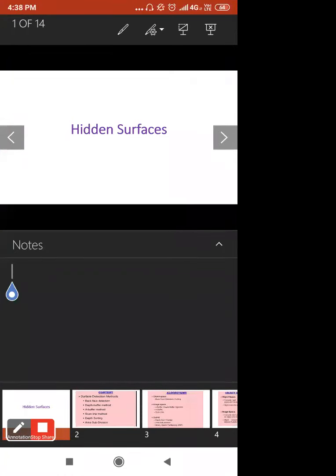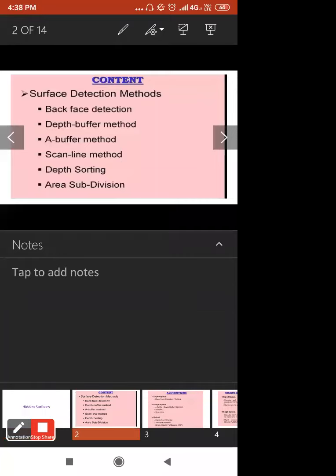So let's start with these hidden surfaces. These are some of the surface detection methods, in which first is the back face detection, in which we find out the hidden surfaces. Back faces are those which can't be seen directly from the viewer's point of view.